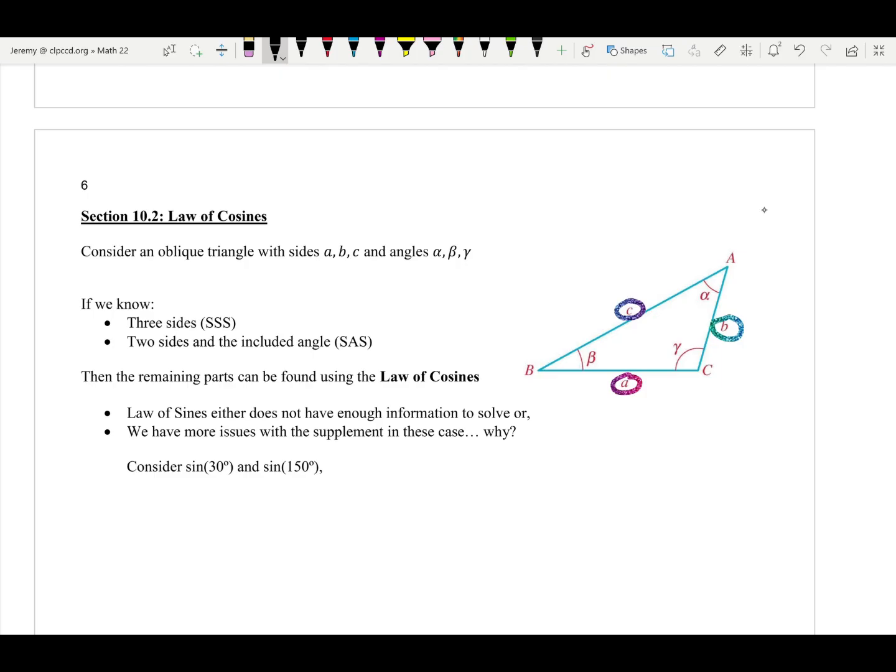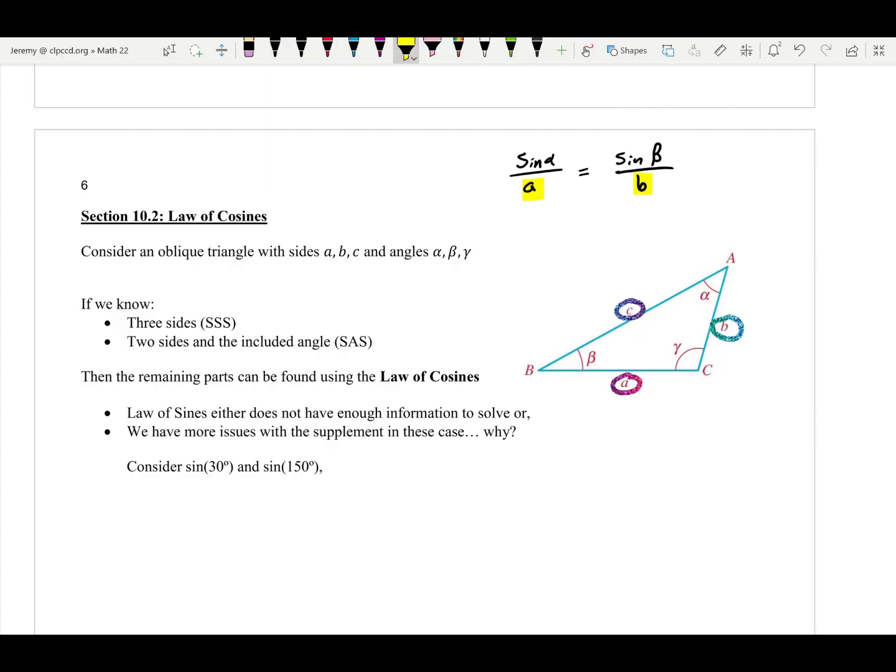Well, we would set up some kind of proportion like this, like maybe sine of alpha over A is equal to, how about, sine of beta over B, right? And we would have values to substitute in for A and B, but we wouldn't have either alpha or beta to substitute in.